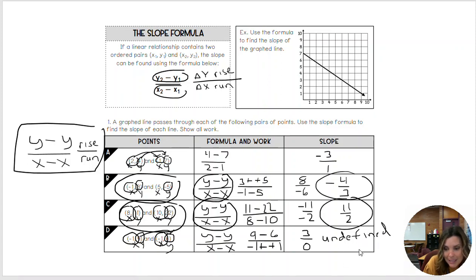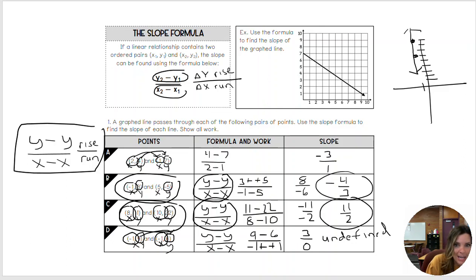That means this is a vertical line. If you graph the points, negative 1, 9 would be right here, and then negative 1, 6 would be right here. If you draw a line through those, you can see that it's a vertical line. And vertical lines are the ones whose slope is undefined.